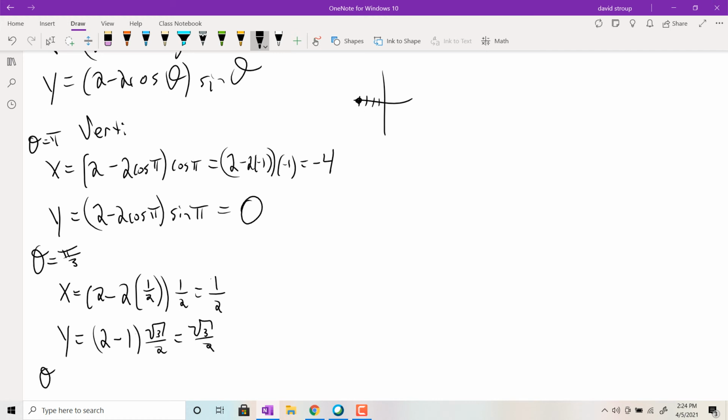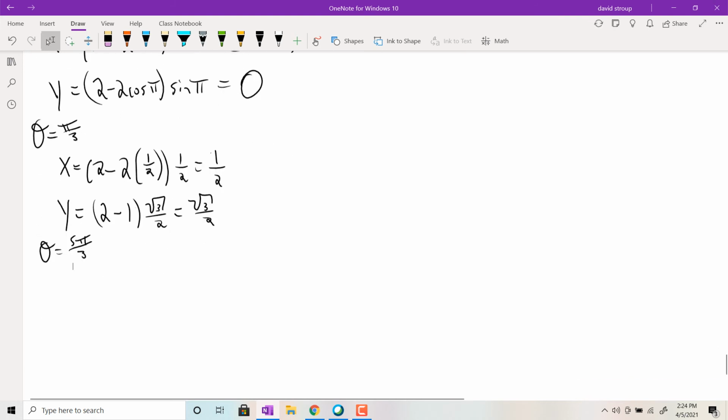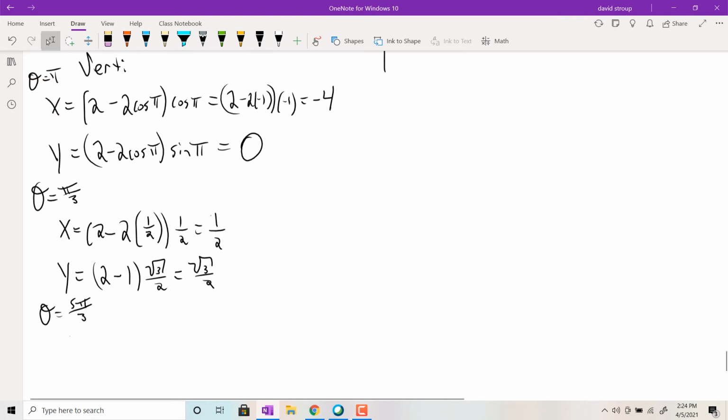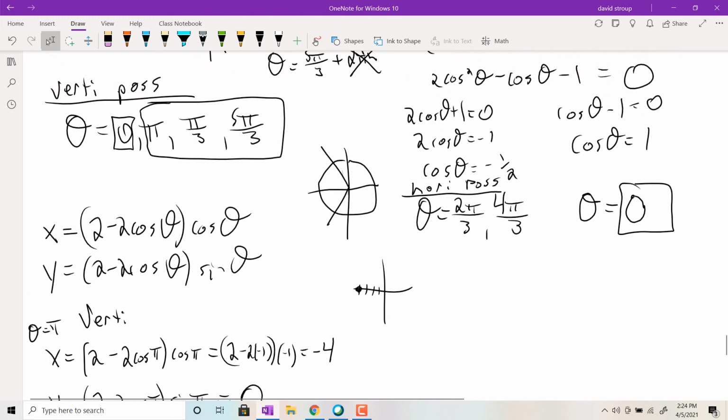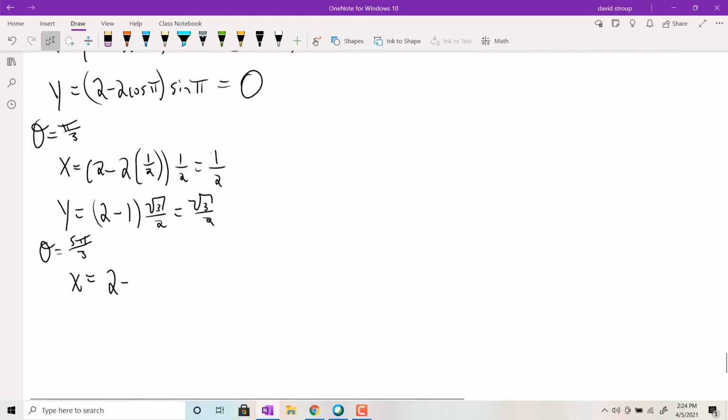And then when theta is 5 pi over 3, we get almost the same thing, right? So the x coordinate, oh, that's the difference. The x coordinate would be, well, let me think. This would be 2 minus cosine of 5 pi. Is it 5 pi over 3 or is it 4 pi over 3? It's 5 pi over 3.